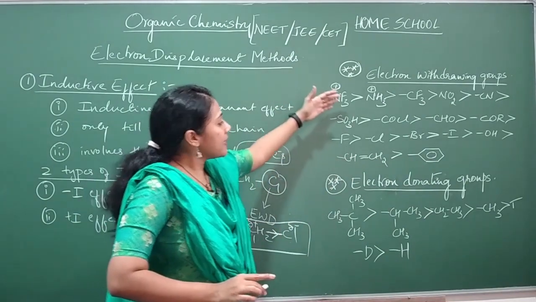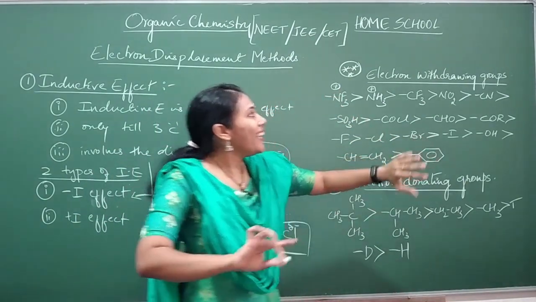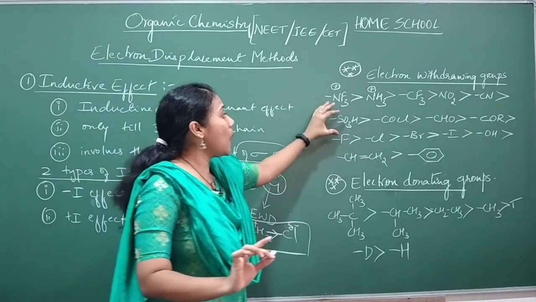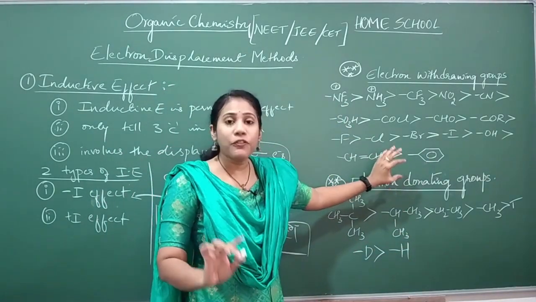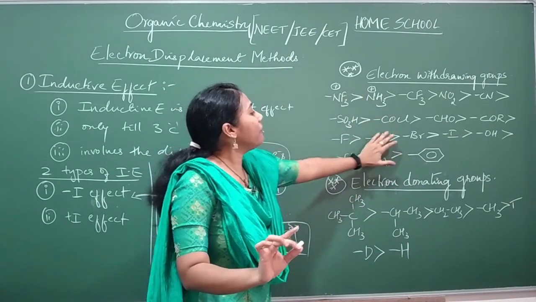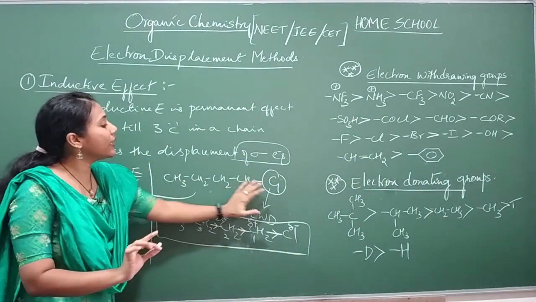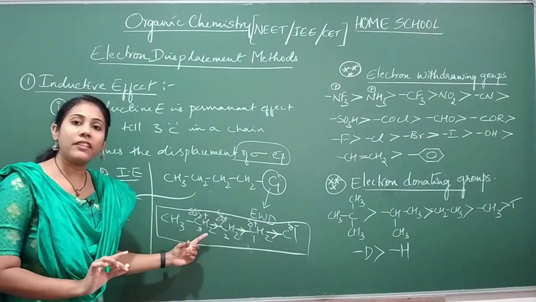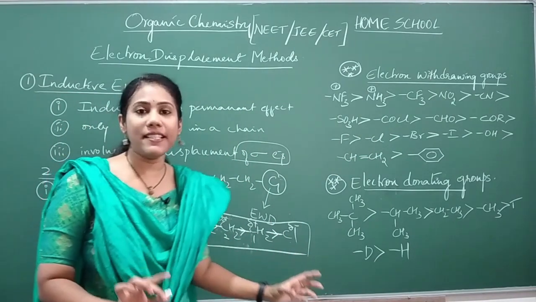This is the decreasing order of their electron withdrawing nature, and you have to remember this order for competitive examinations. Whenever you have these groups in an organic molecule, this polarity is observed.